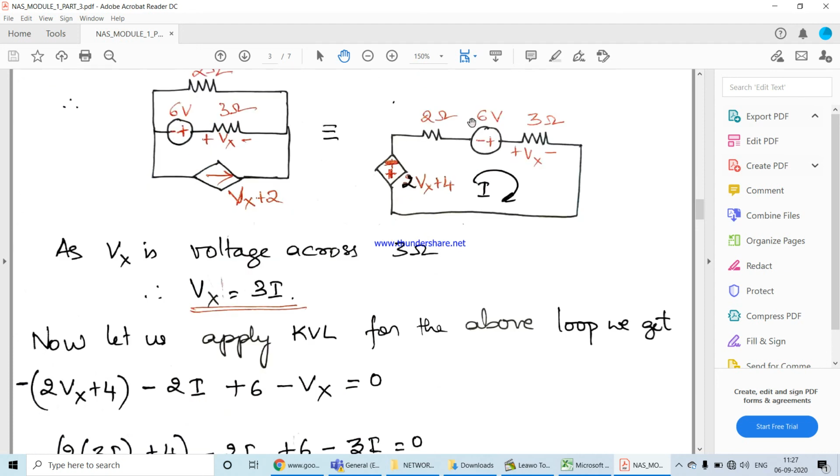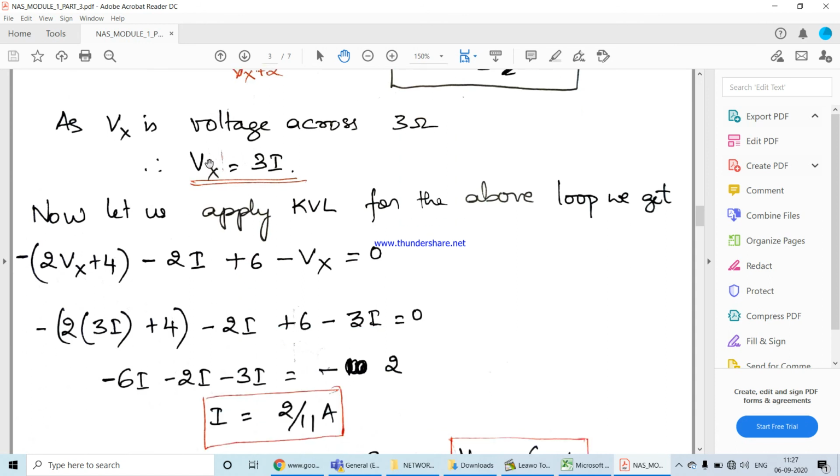Therefore, when I apply KVL for this particular network, I get minus of 2Vx plus 4. Minus, because the current is flowing from plus to minus. So minus of 2Vx plus 4, minus 2I plus 6, minus 3I or minus Vx equals 0. Minus Vx or minus 3I, both are same. So once you substitute Vx equal to 3I, in this entire network I will have only terms of I. Take all I terms to the left hand side and numerical terms to the right hand side.